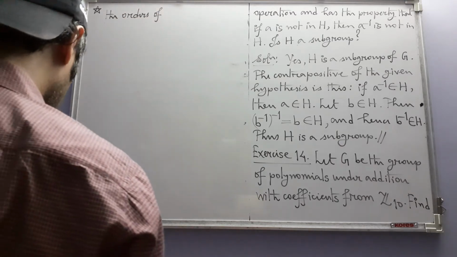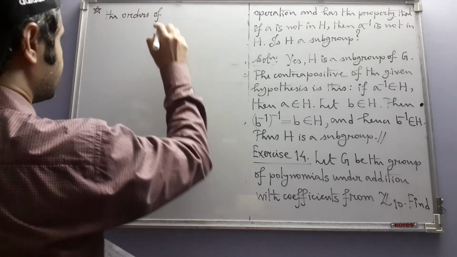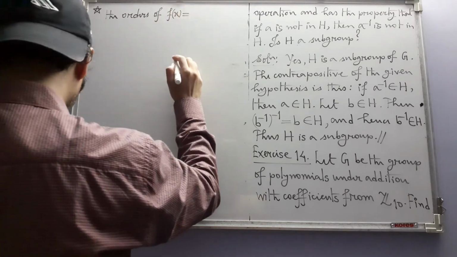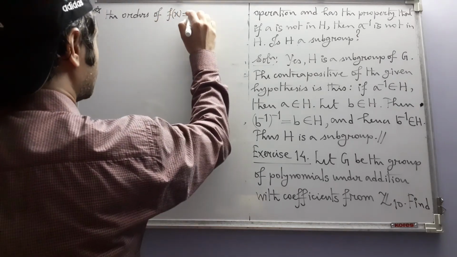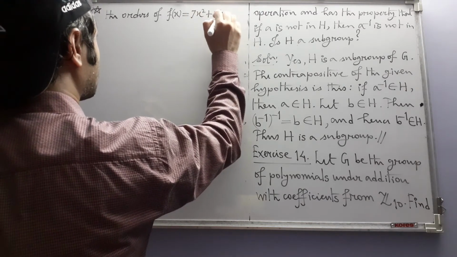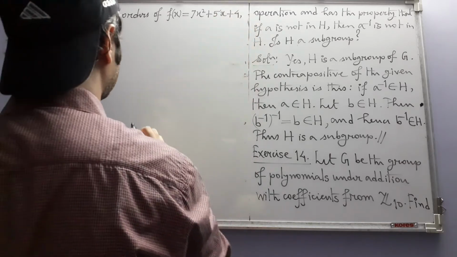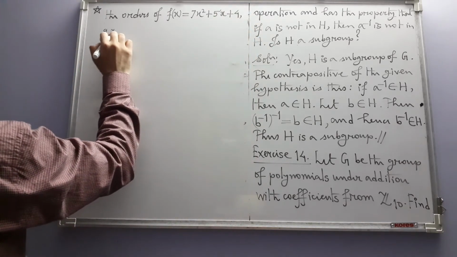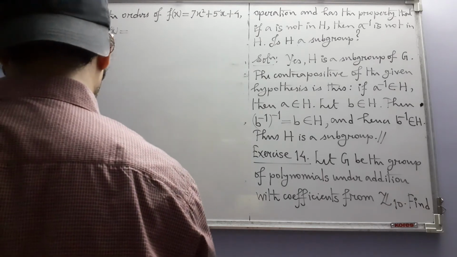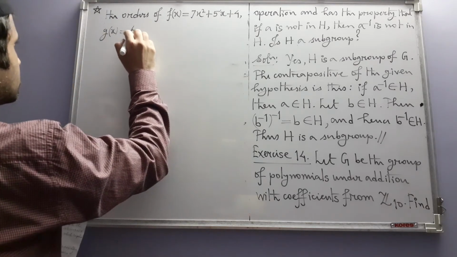Find the orders of these polynomials. Fx is 7x squared plus 5x plus 4. Gx is 4x squared plus 8x plus 6.